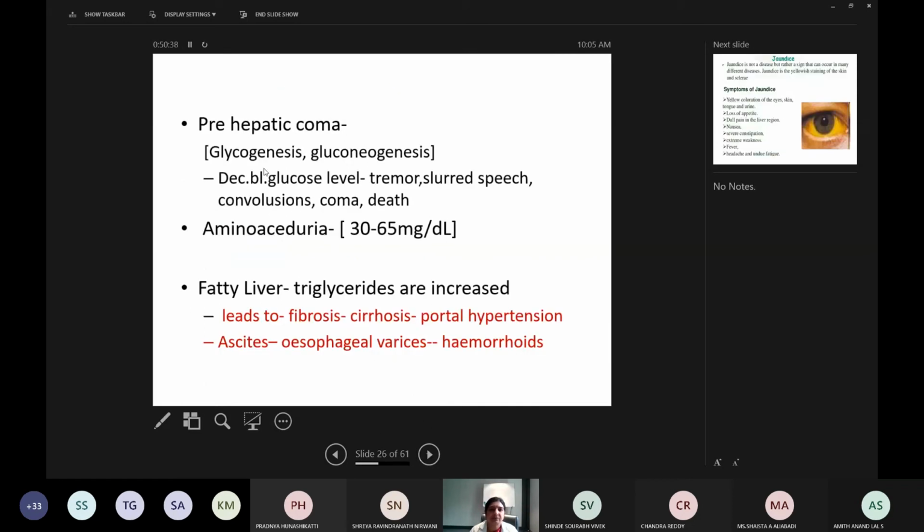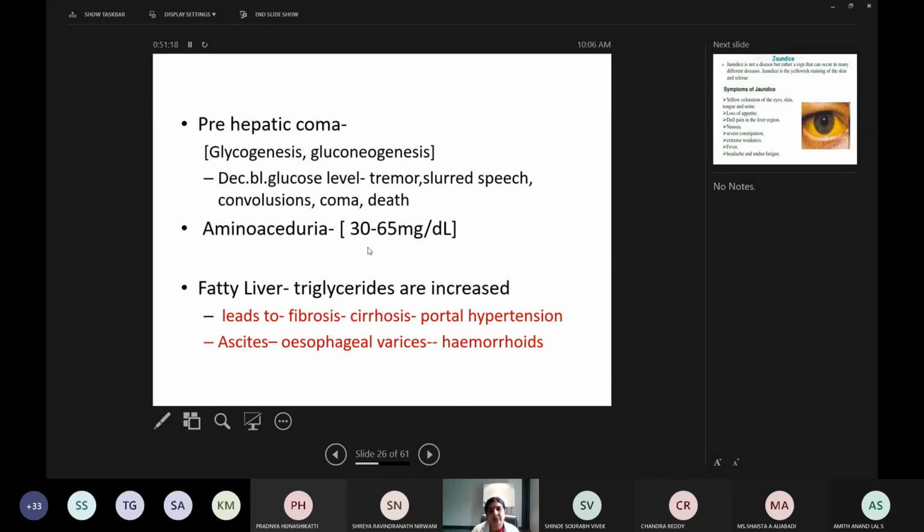Okay, so there will be hepatic coma if glycogenesis and gluconeogenesis are affected, because if there is severe lack of blood glucose in the hepatic tissue, the person will have hypoglycemia and decreased blood glucose level, and this will cause tremors, slurred speech, convulsions, coma and death if not treated with glucose solution. So you will find if excess amino acids are there, then there will be amino aciduria.